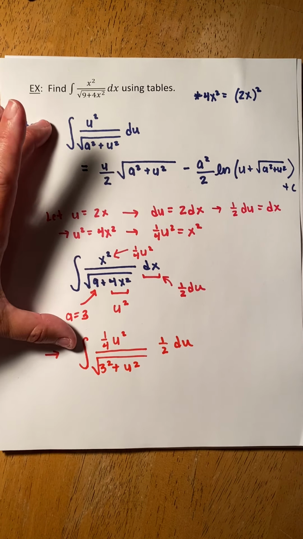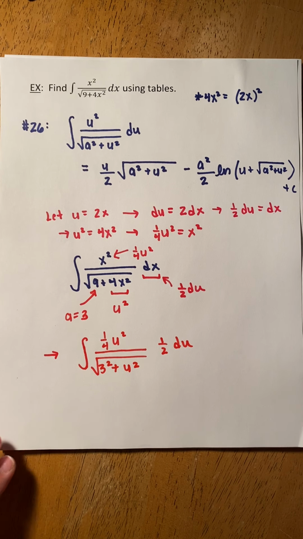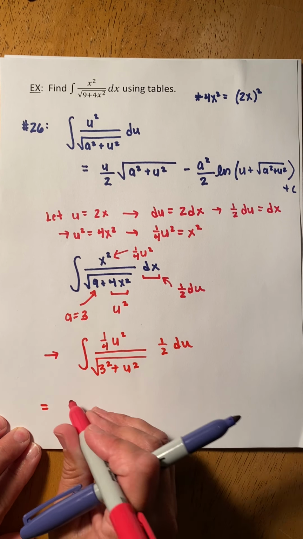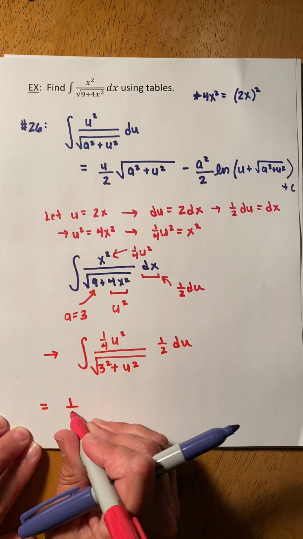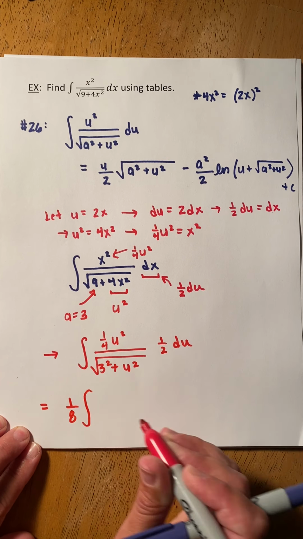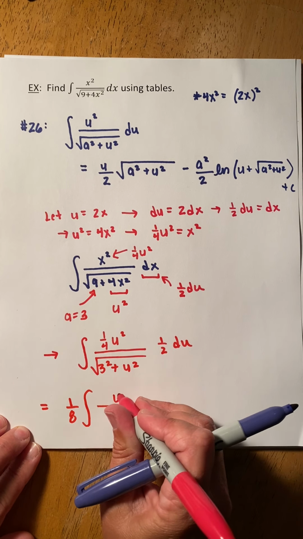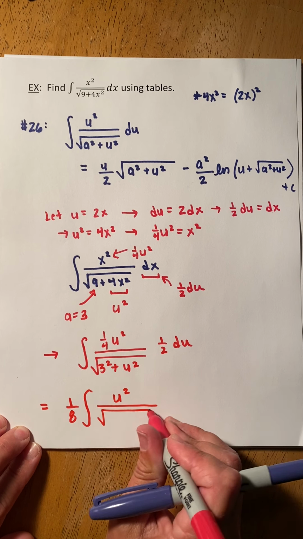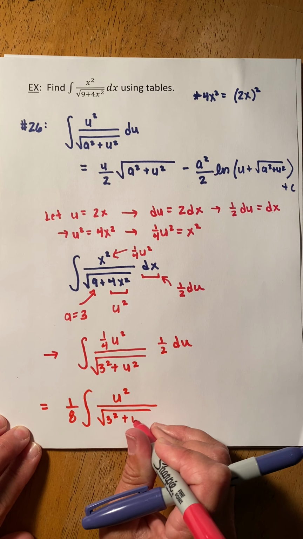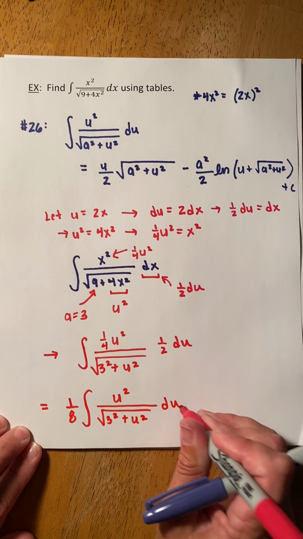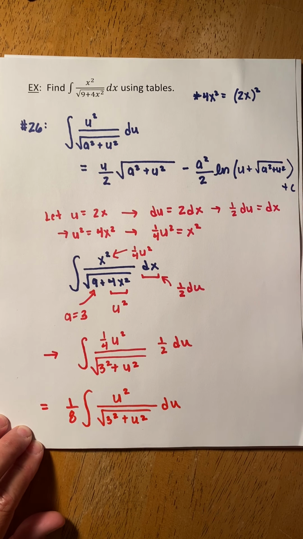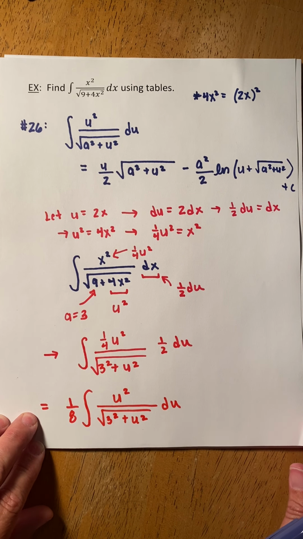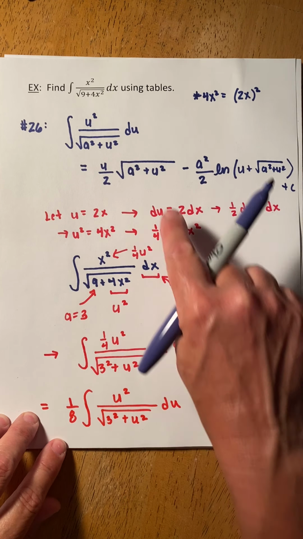Now it looks almost like this, except for this 1/4 and this 1/2, but I can pull that out. 1/4 and 1/2 out front is equivalent to 1/8. And now it looks just like the template. 3 squared plus u squared du. I can stick it right in here, right?